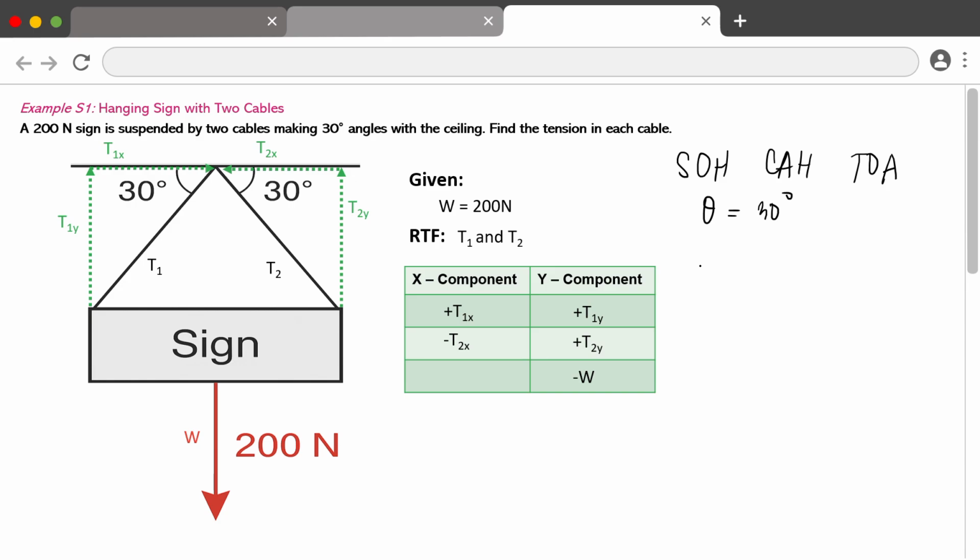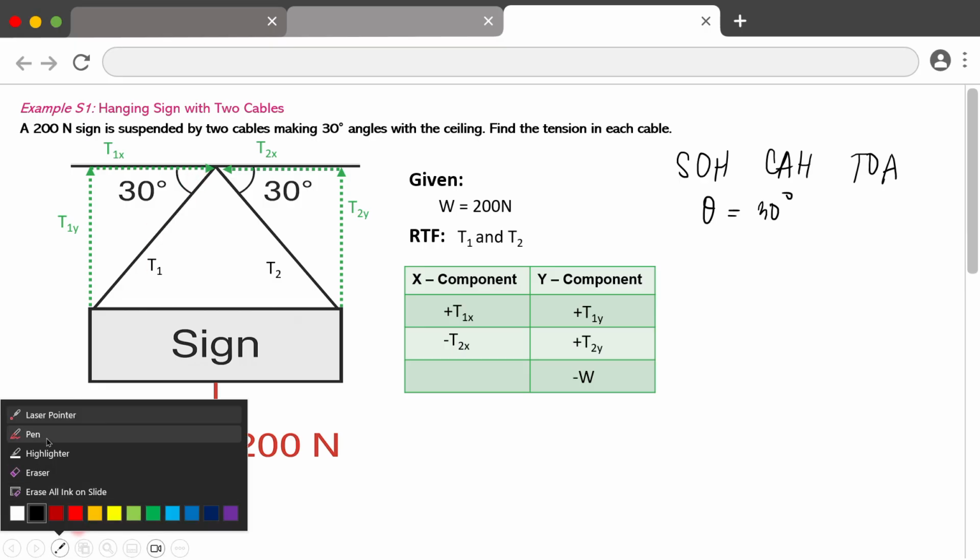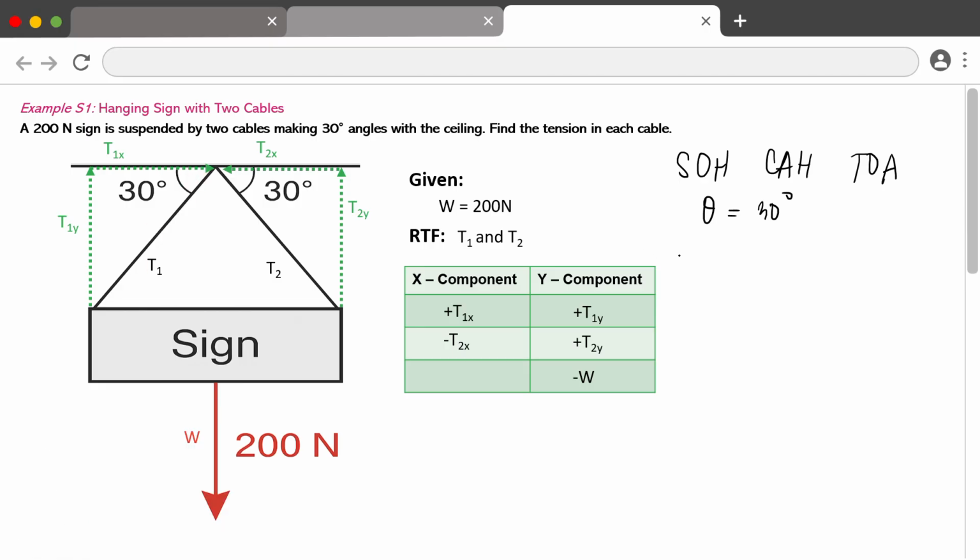Let's find a trigonometric function that gives us T1y and T1. Given that our angle is 30 degrees, we can see that T1y is opposite to 30 degrees, and T1 is our hypotenuse. So we're going to use sine.